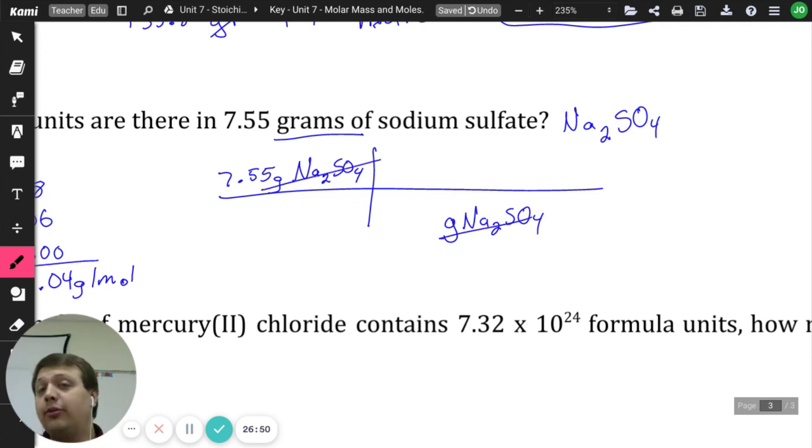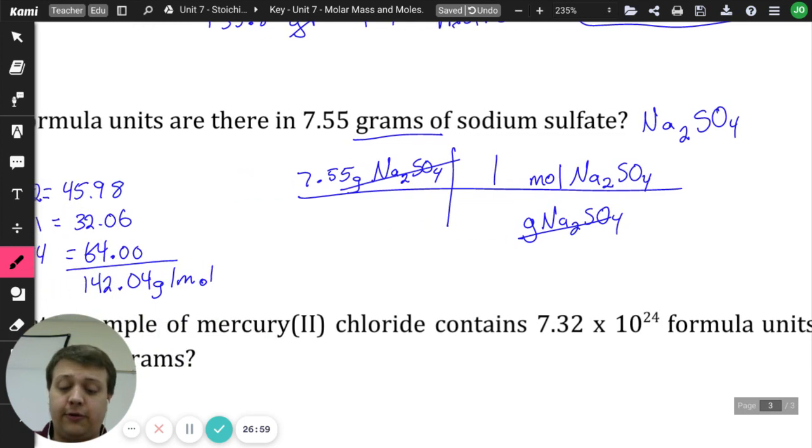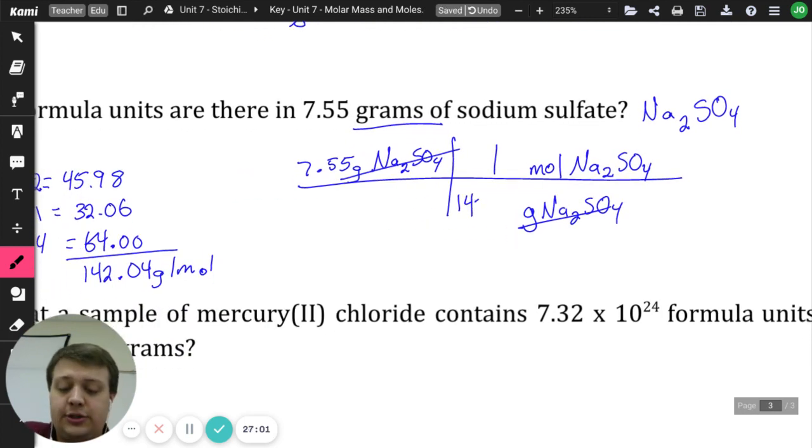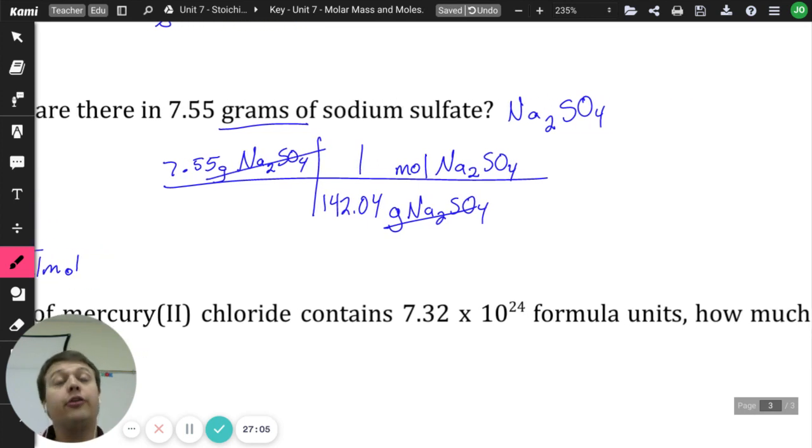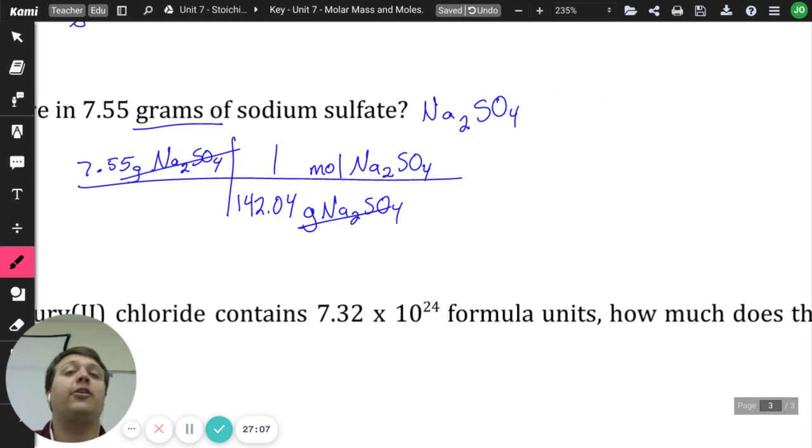So I'm going to go from grams of sodium sulfate into moles using my molar mass. So for every 1 mole of that sodium sulfate, I've got 142.04 grams. Okay, so now I'm in moles. Is my question asking for moles? No. My question is asking for formula units. So I'm going to drop down moles of sodium sulfate.